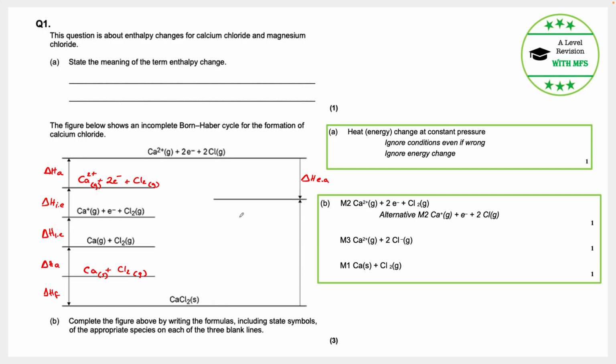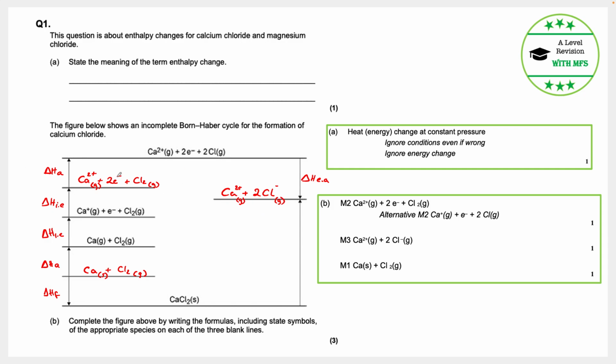Okay, chlorine is going to gain those 2 electrons. So now we're going to be left with Ca2+, and because the chlorine has accepted those 2 electrons, it's going to be 2Cl-. Okay, and remember, we're dealing with gases here. So this is going to be a gas, and this is going to be a gas as well.